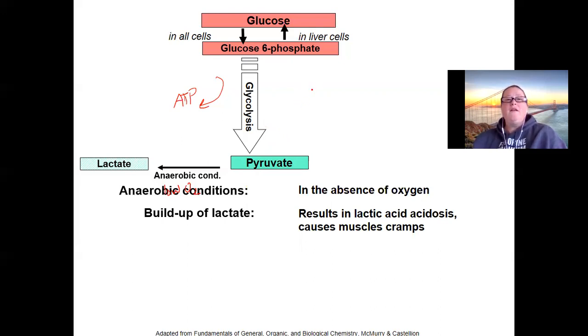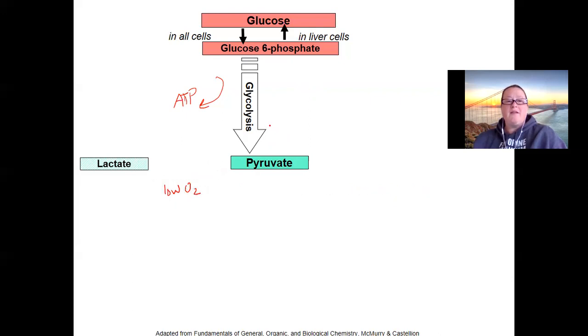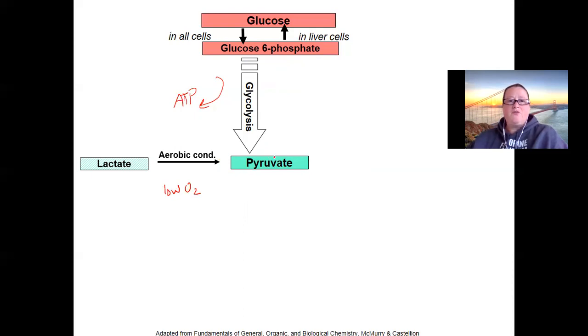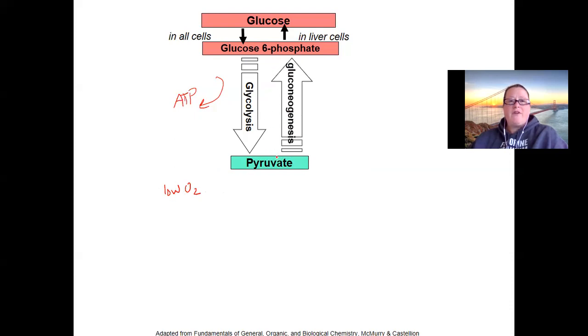Now, when that oxygen supply becomes replenished, the lactic acid can turn back into pyruvate, and we can actually do one of two things at this point. That pyruvate can turn back into glucose.